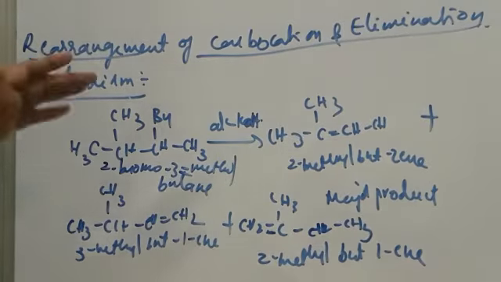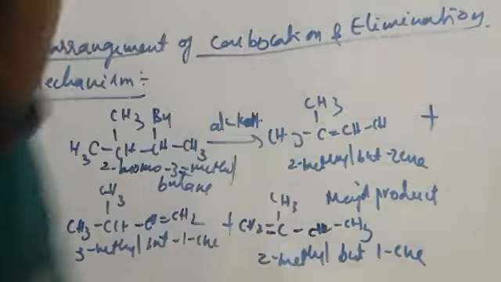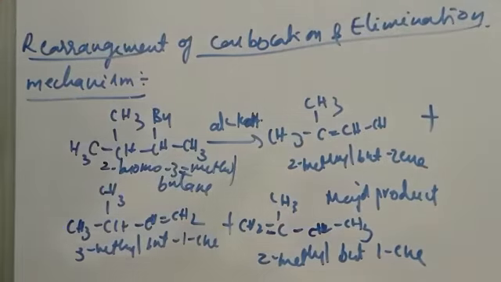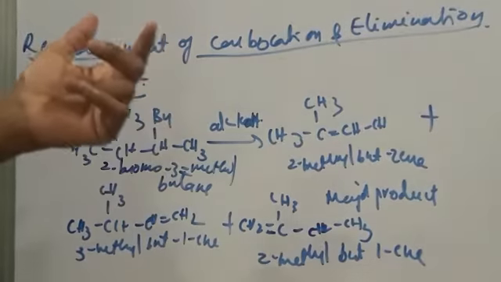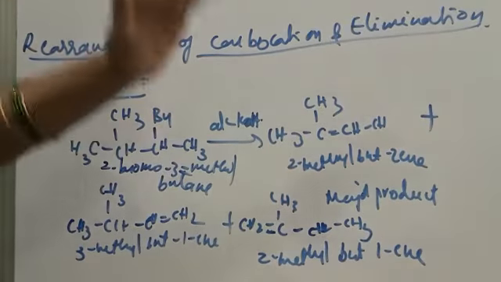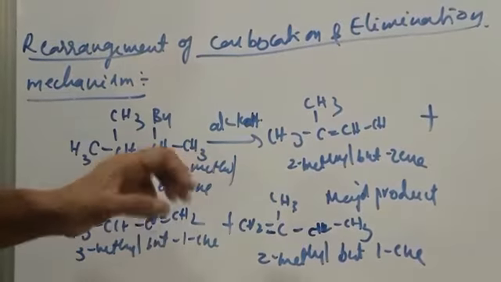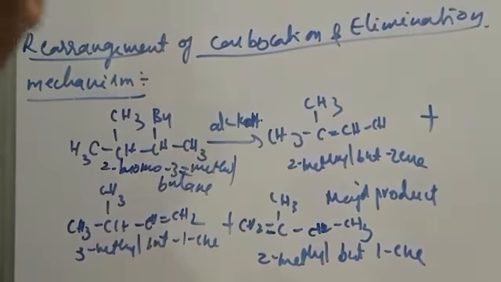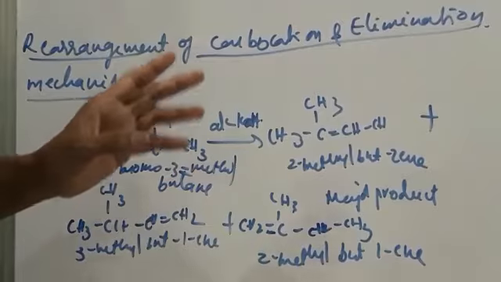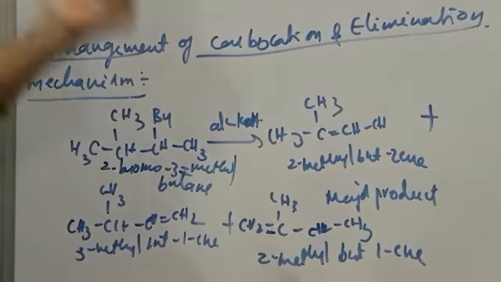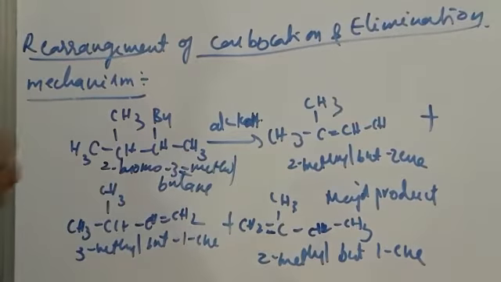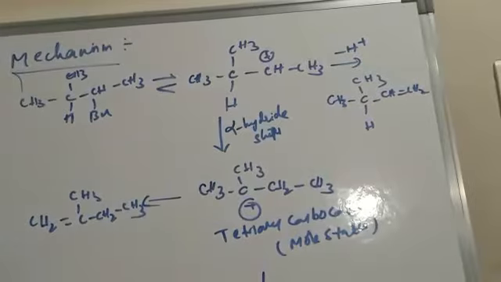Okay, so let us see the mechanism where the carbocation undergoes rearrangement. For the formation of different products, one is the major product which is formed from the more stable carbocation, and the remaining two are minor products.